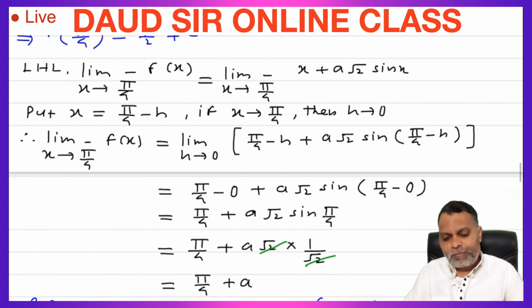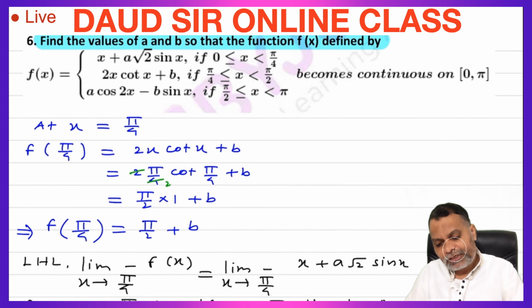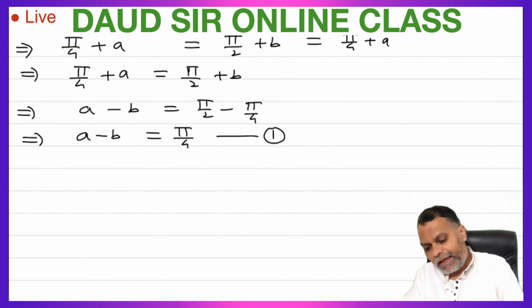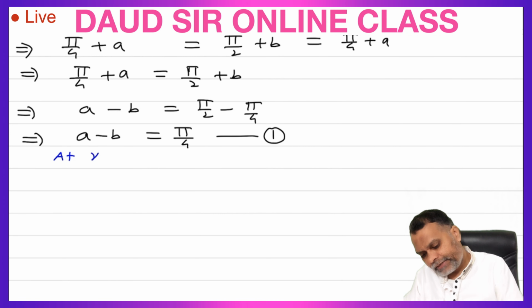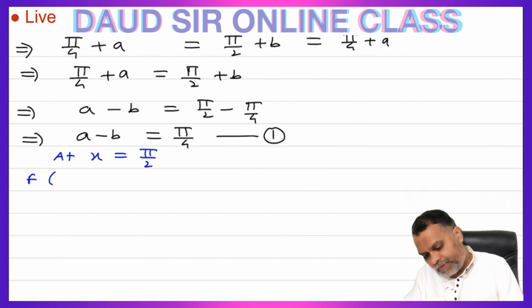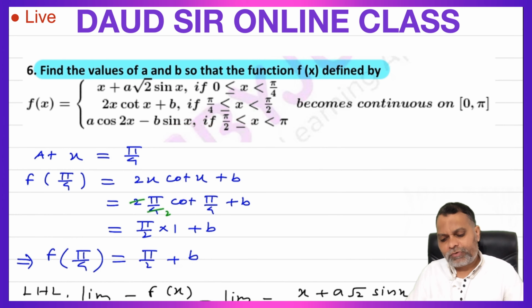Now at one more point we have to check the continuity. At x is equal to pi by 2, x is less than pi by 2 and x is greater than pi by 2. So take x is equal to pi by 2, and this pi by 2 belongs to the given closed interval 0 to pi. F of pi by 2 is equal to, where function is given x is equal to pi by 2 here, so take this function a cos 2x minus b sin x.